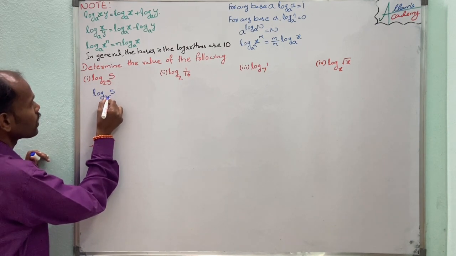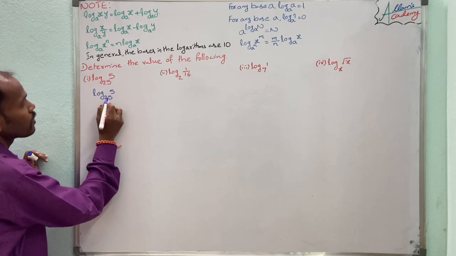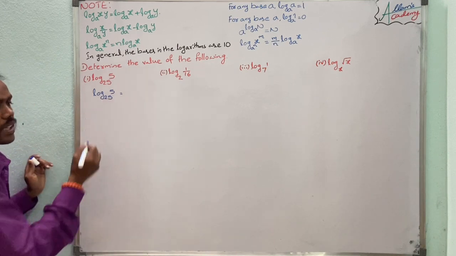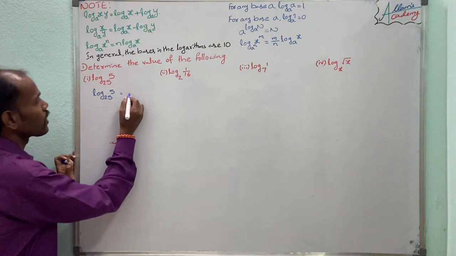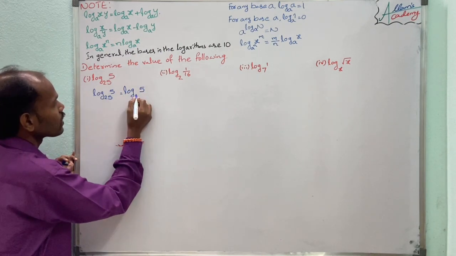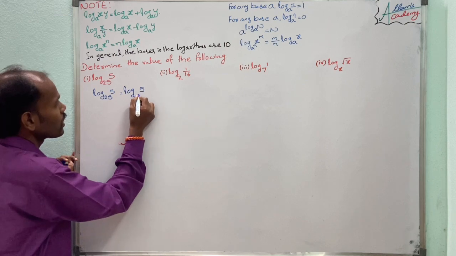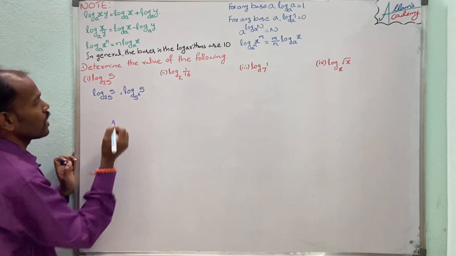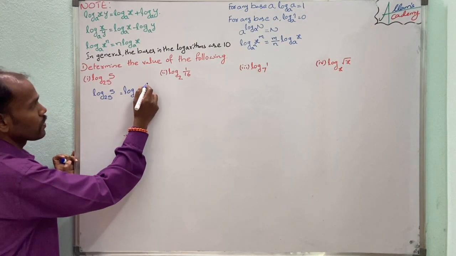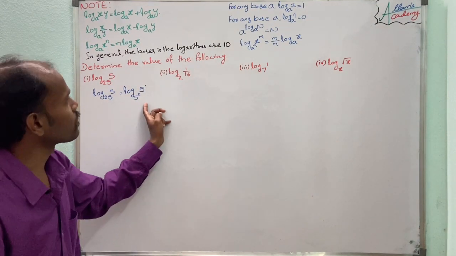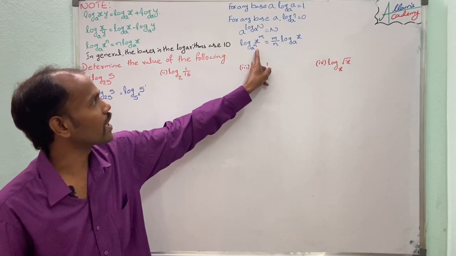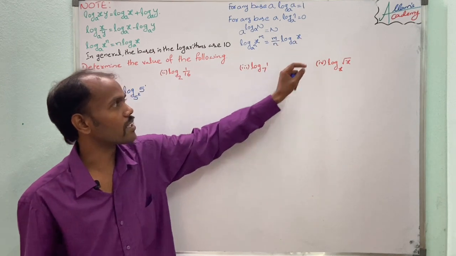Log 5 base 25. Now here we observe 5 and 25. That 25 can be expressed as 5 power 2. So we write log 5, and the base 25 can be written as 5 square. Now 5 can be written as 5 power 1. So this is in the formula log x power m base a power n equals m by n log x base a.